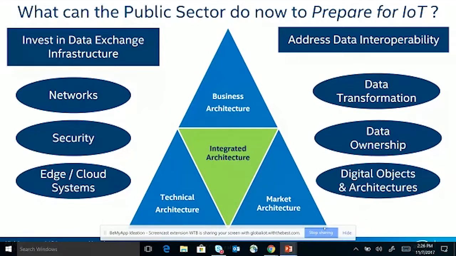You have security challenges that are known in the existing infrastructure. And you also have some edge and cloud systems that today are in existence in various piecemeal, but don't necessarily have a common connectivity infrastructure.